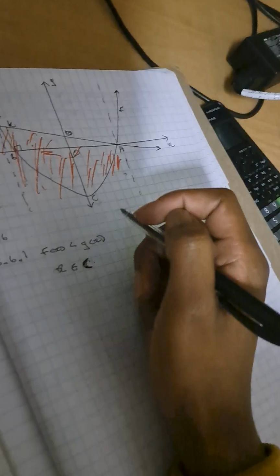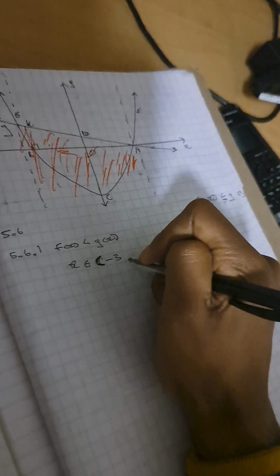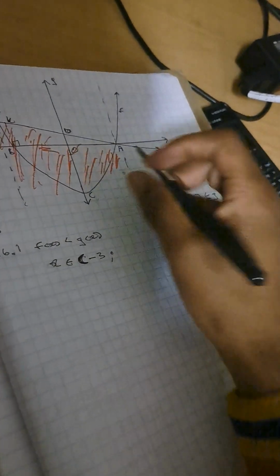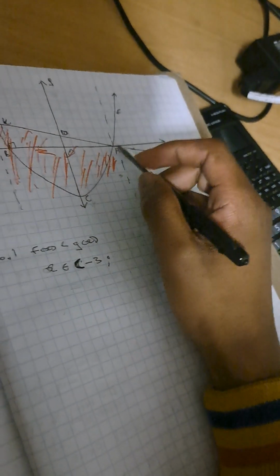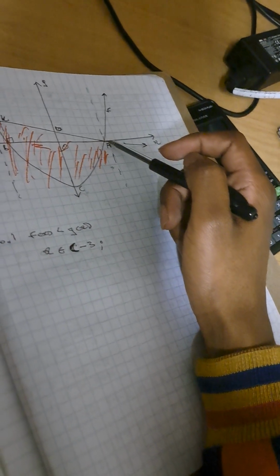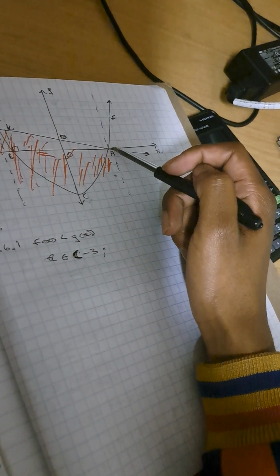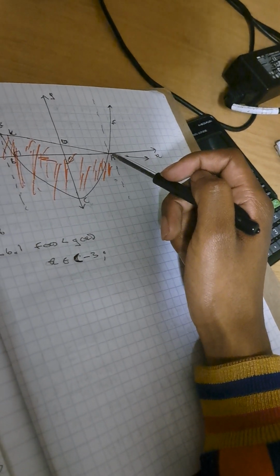Let me check the coordinates of E again. X at E is actually -3. It happens up until the point A. A was 2, remember. This A was the second root. It was the second 0, the second x-intercept, which was 2, right? And it's also the intersection of g of x and f of x.